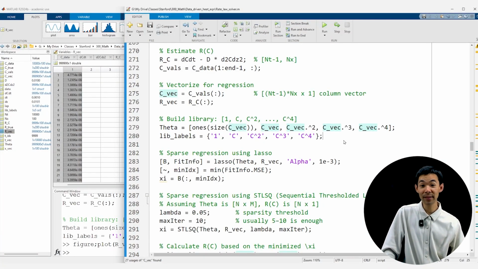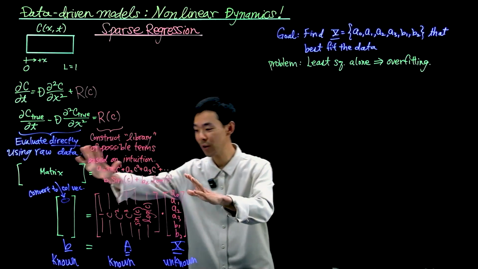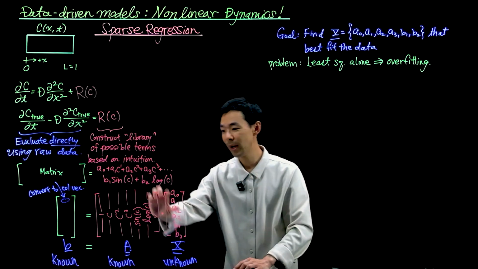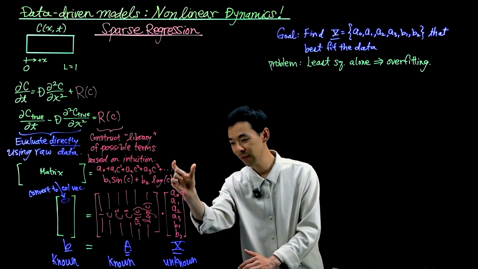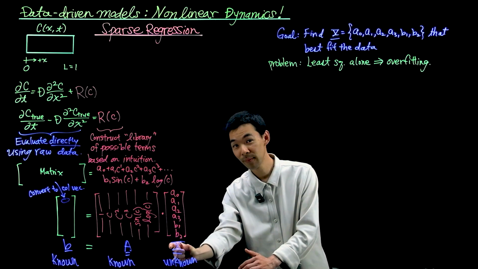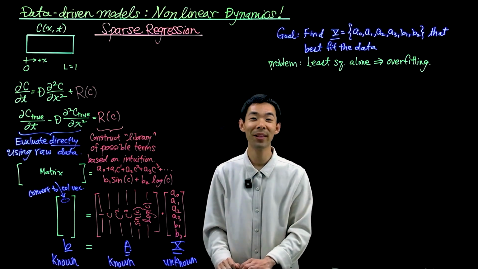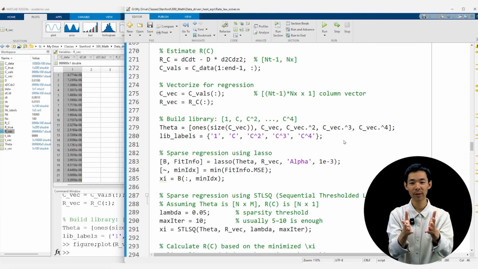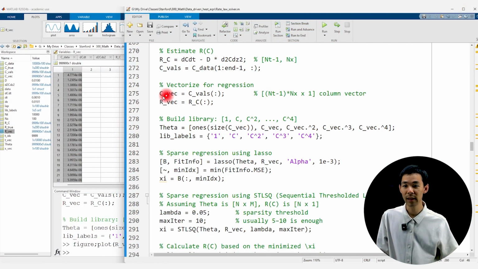And I'm basically ready to evaluate because I've now structured this entire AX equal B form. I have my A matrix, which I've calculated based upon my concentration data. I have my vector of unknowns, which I'm going to need to find right now. And then I've constructed my B vector on the left-hand side. So now this is completely done, which is what I've shown you on the screen. And I can actually even show you what this looks like. So first, let's see, CVec.